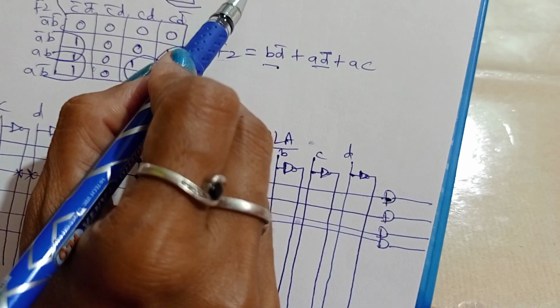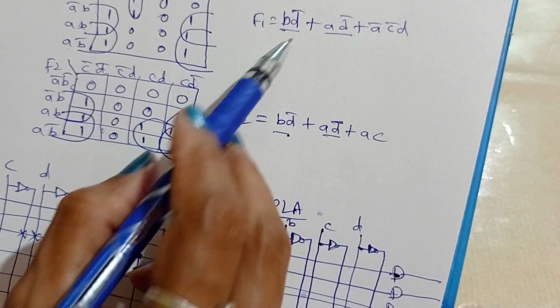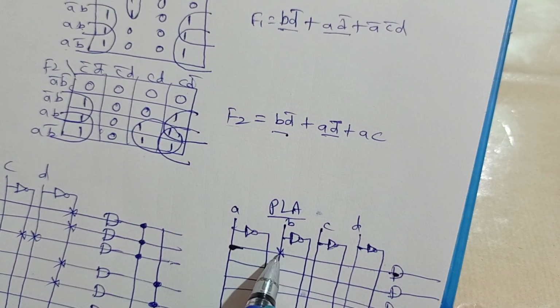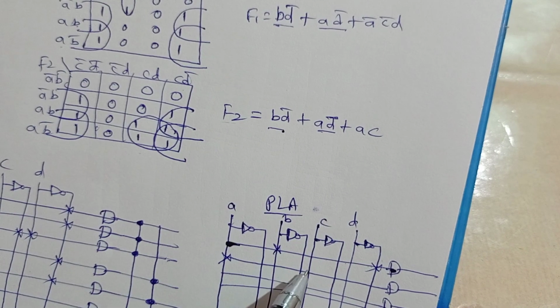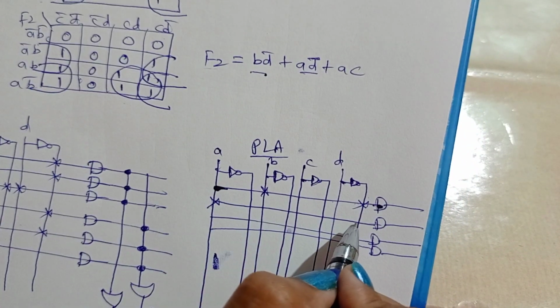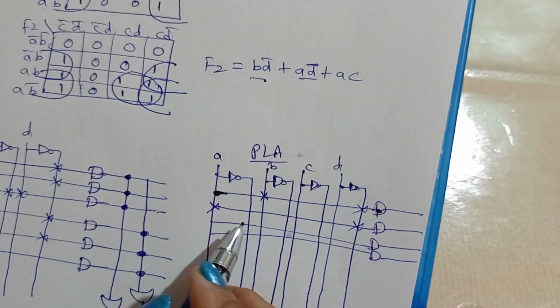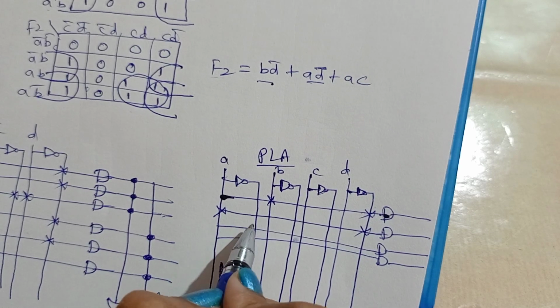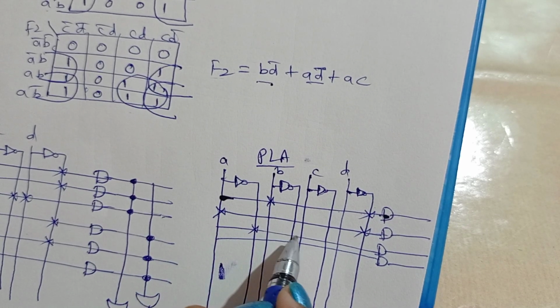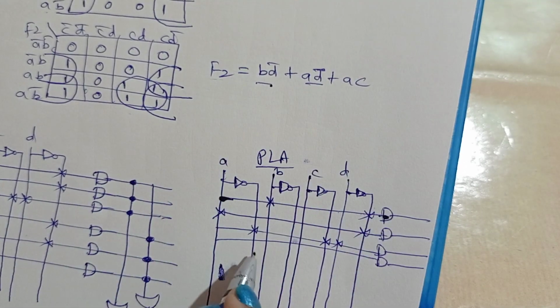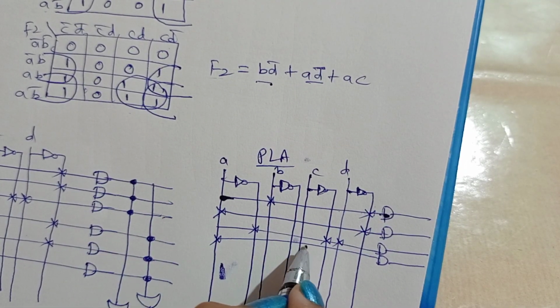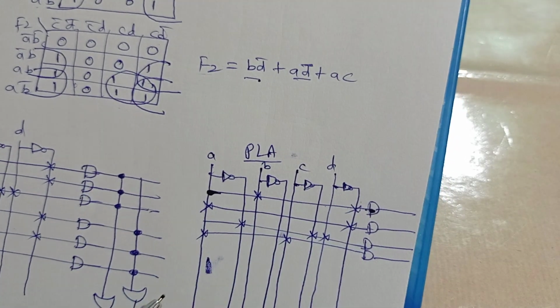So first B D bar, A D bar, and next A bar C bar D, and here A with C, one connection.